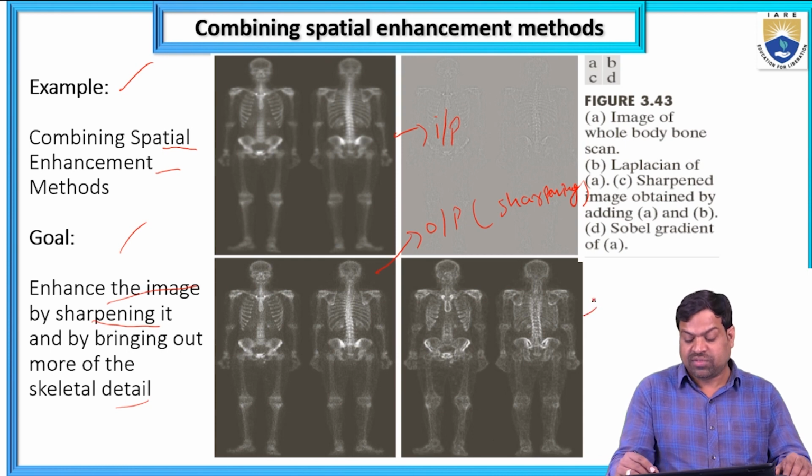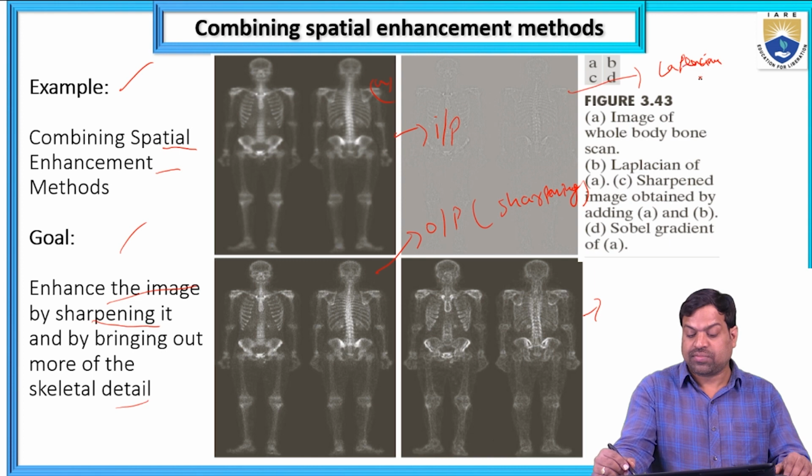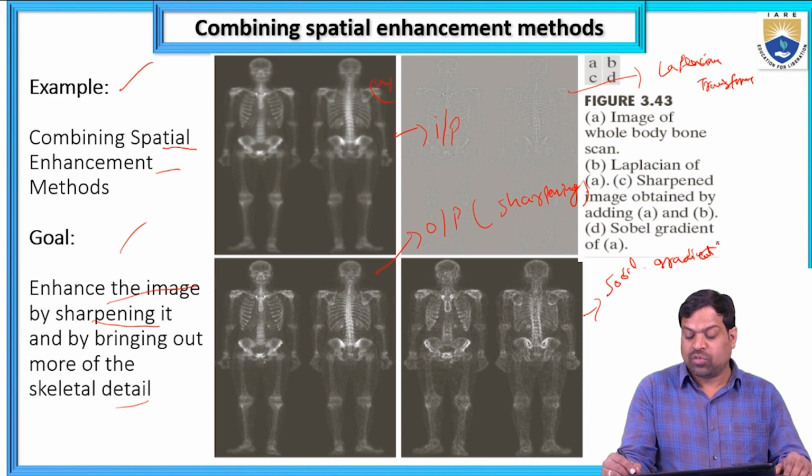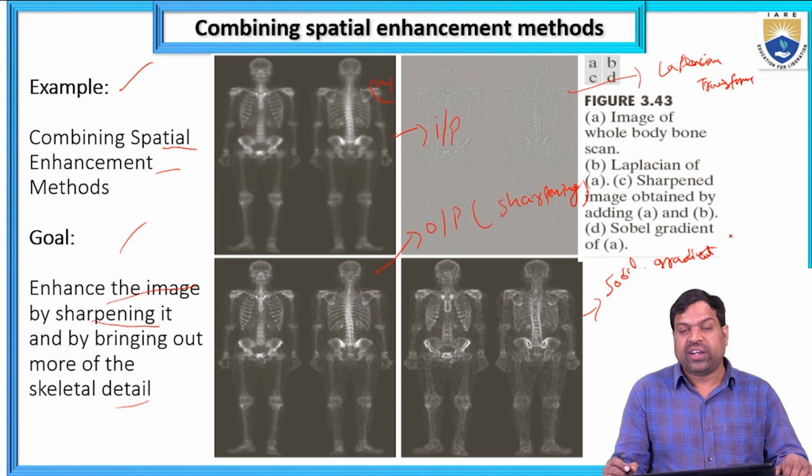Here image A is the image of a whole body bone scan, and image B is the Laplacian transform. Next, image C sharpens the edges of the image by obtaining the original image, and image D is the Sobel gradient, one technique to identify the image. So there are four images.